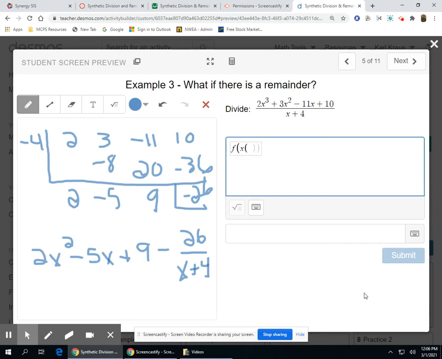And you can put this in factor form. It's kind of awkward and messy, but x squared minus 5x plus 9, 26.